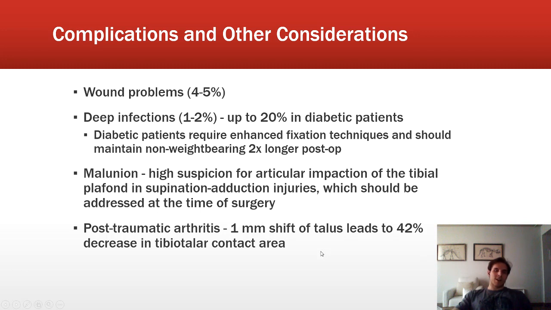So you end up with a lot of bone on bone, and this is the result. So that's why you want to get a good reduction. You want to reestablish the length of the fibula, and you want to stabilize the syndesmosis to keep the talus in its good anatomic position. So that's all I have for ankle fractures today.